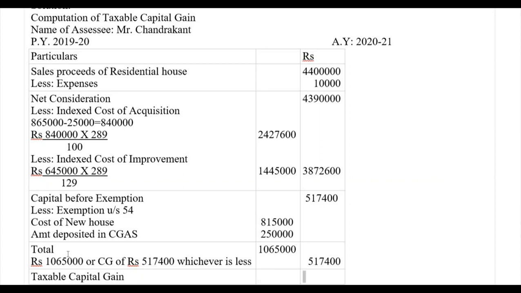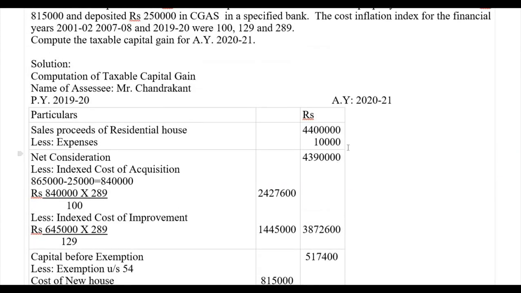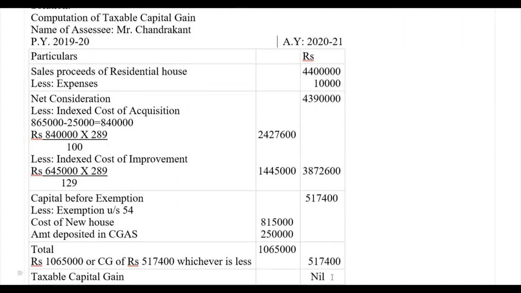So therefore the taxable capital gain will be nil here. No amount is taxable. The assessee is eligible to claim exemption under section 54 only.